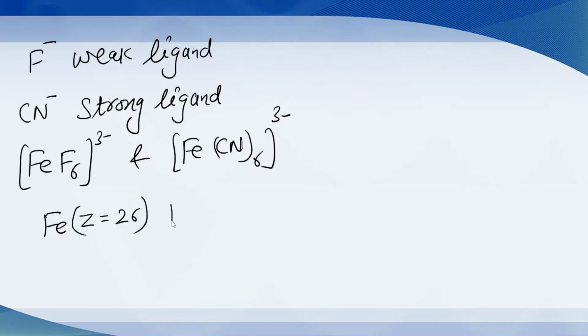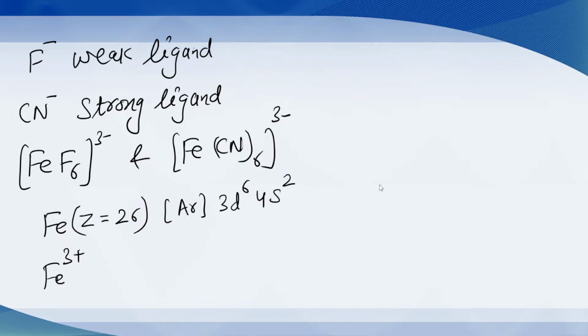So iron, atomic number 26, its electronic configuration first, that is argon 3d6 4s2. So for Fe3 plus, 3 electrons are removed first from 4s and then from 3d.